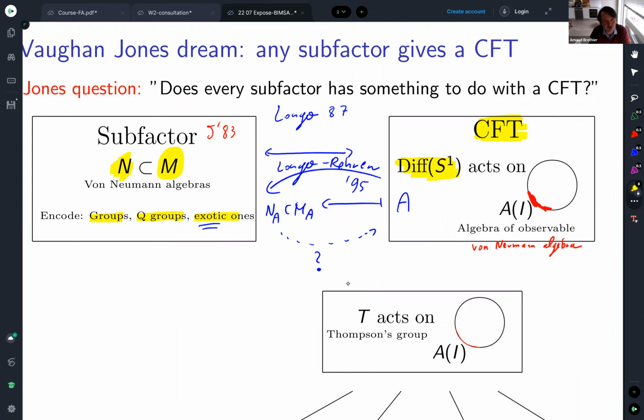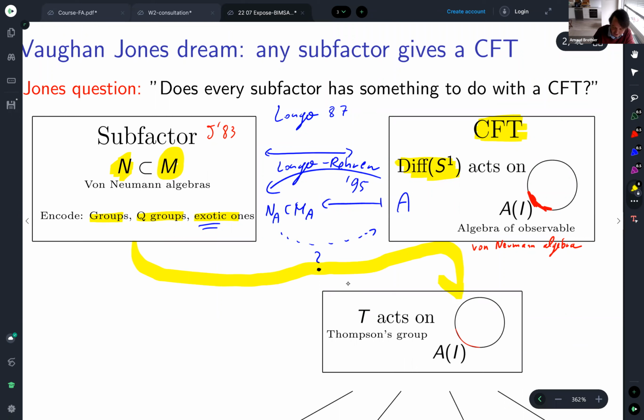So in physics, that would be called, I guess, a lattice approximation. And for a lattice, you can think about it like Z^d approximating R^d, and perhaps you can make them even smaller and smaller, changing the scale. Okay. And so he took his subfactors and tried to go to CFT, and he almost did it, but no. He landed somewhere else.